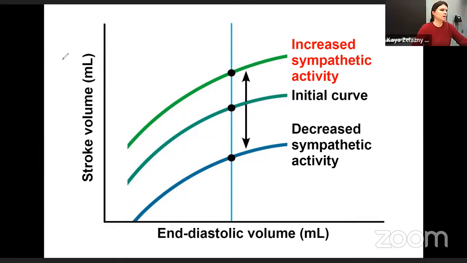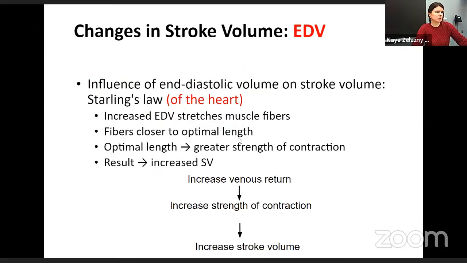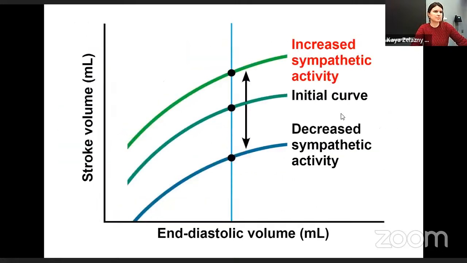Finally-ish, we can talk about things called a family of curves. So one of the words on the previous slide, which, sorry, I didn't read aloud to you, is something called Starling's law, and we're specifying of the heart because we're going to have other Starling stuff in the spring. So this is called a family of Starling curves.